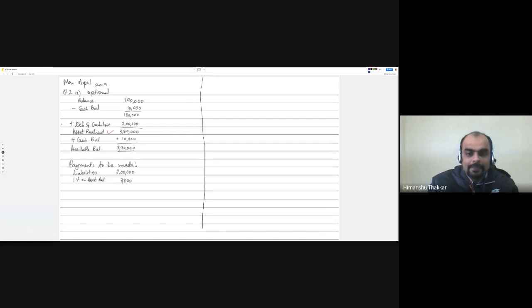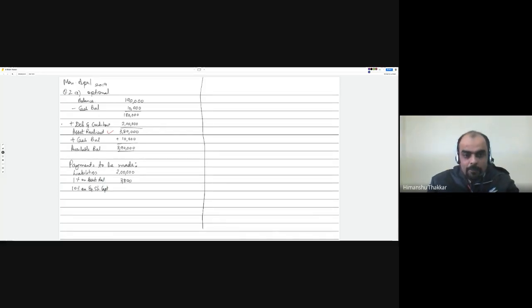Then we have to pay 10% on the amount paid to equity shareholders. We are talking about all the remunerations together. 10% on equity share capital. What amount of capital are we returning? See the question.